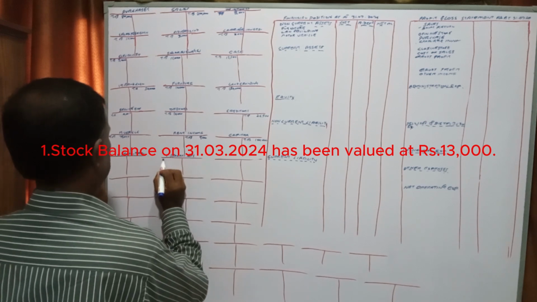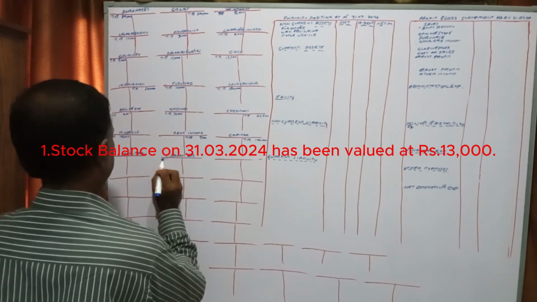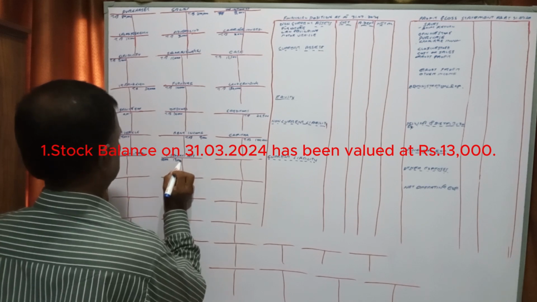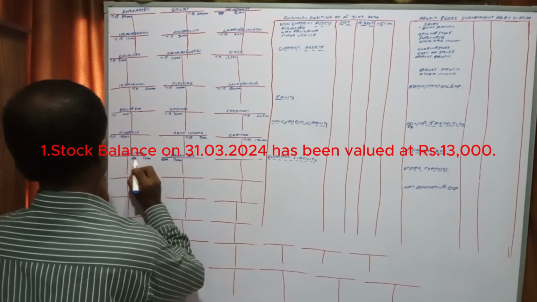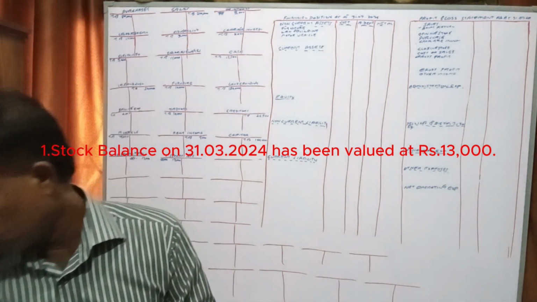What is the debit in the trial balance to trading? 13,000. Trading account is credited 13,000, debit balance sheet. This is the adjustment for number one.